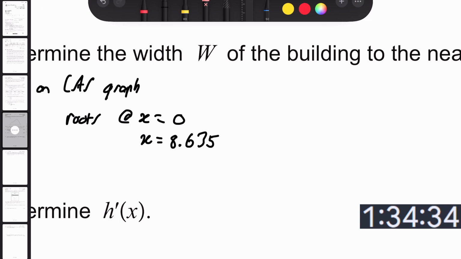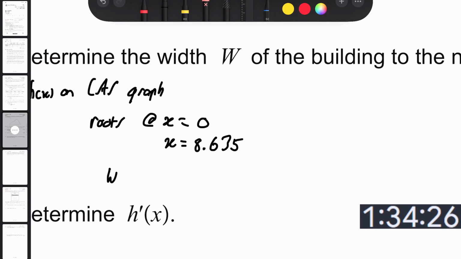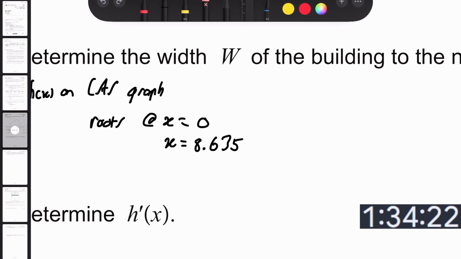Okay, we're back. So 8.635. What do we want again? W. So width is going to be equal to 8.64 meters, because that will be 1/10 of a meter, which is 10 centimeters, and then 1 centimeter.